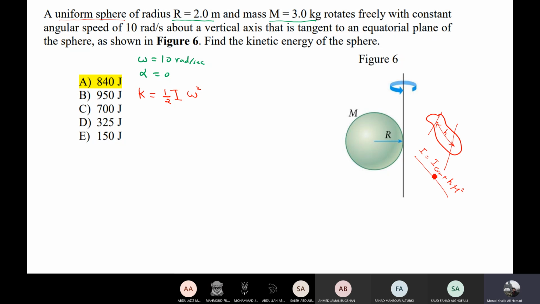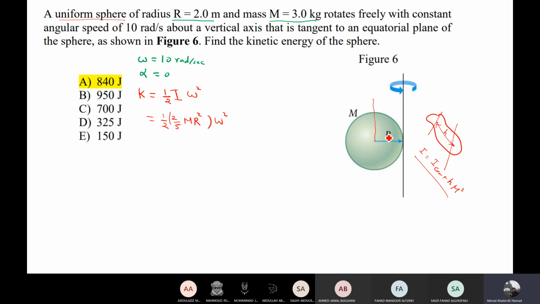Do you know this one? No. Okay. I will now assume the rotation axis is this one. The answer will be like this: half I, which is 2/5 m r squared, omega squared.